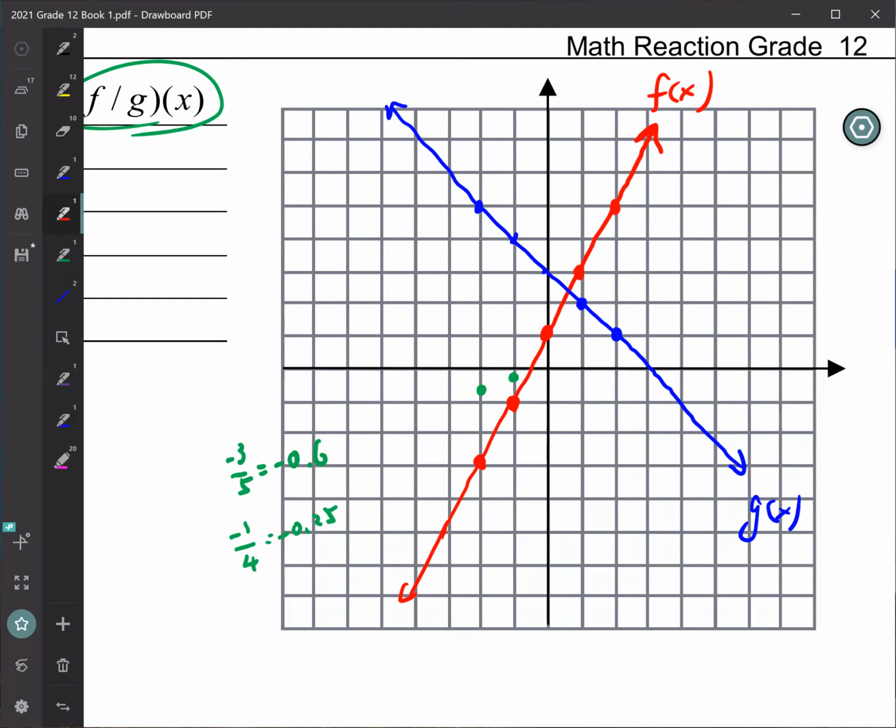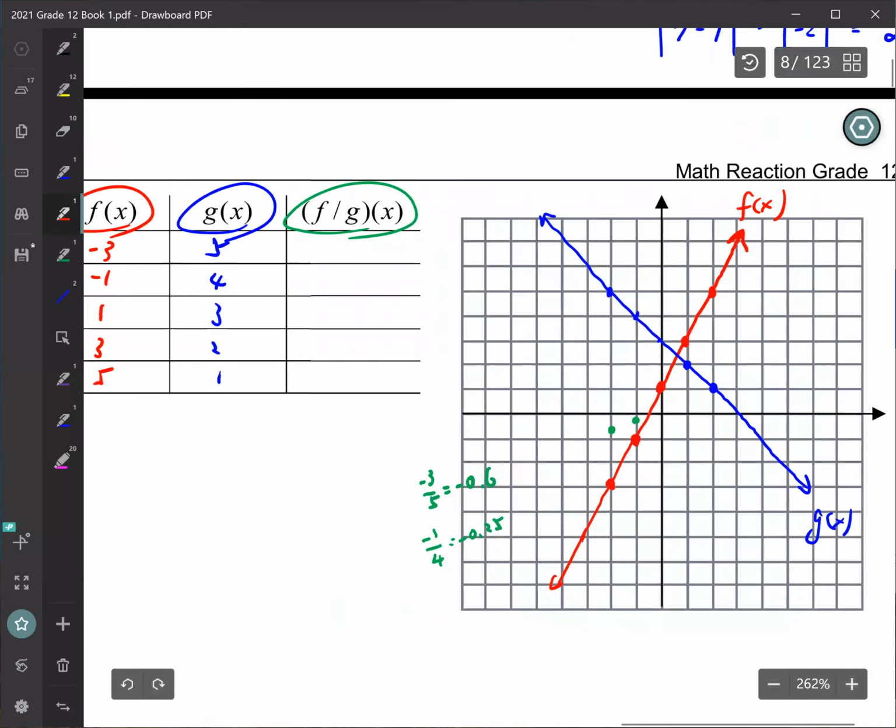Okay, be careful, right? Don't mix up the order like I did. You get different numbers. Let's keep track on the table too, okay?